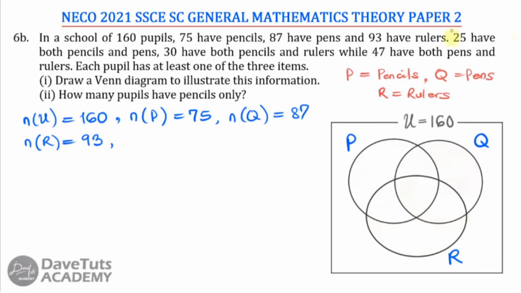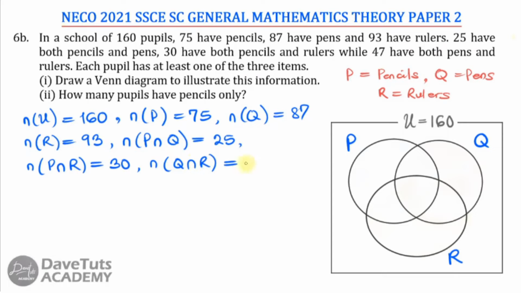Then we have the intersections: 25 have both pencils and pens, so the number of P intersect Q is 25. We're also told that 30 have both pencils and rulers, so P intersect R is 30, and 47 have both pens and rulers, so the number of students with pens, Q, and rulers is 47.